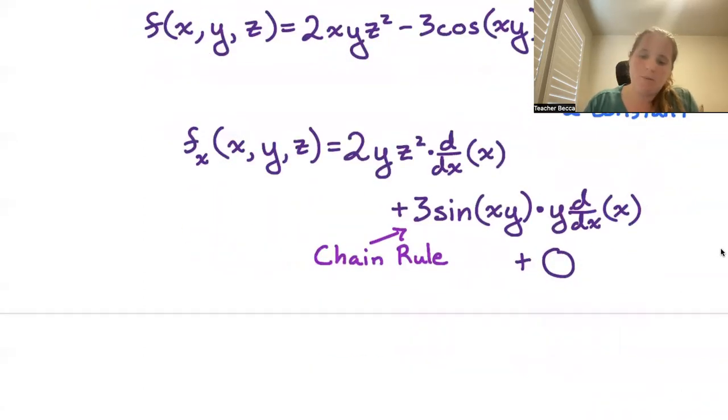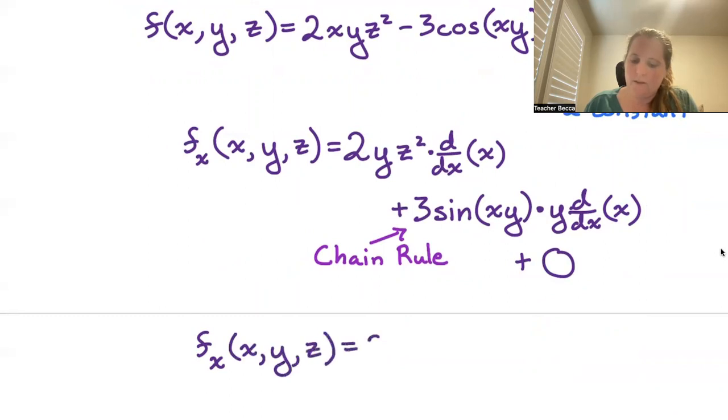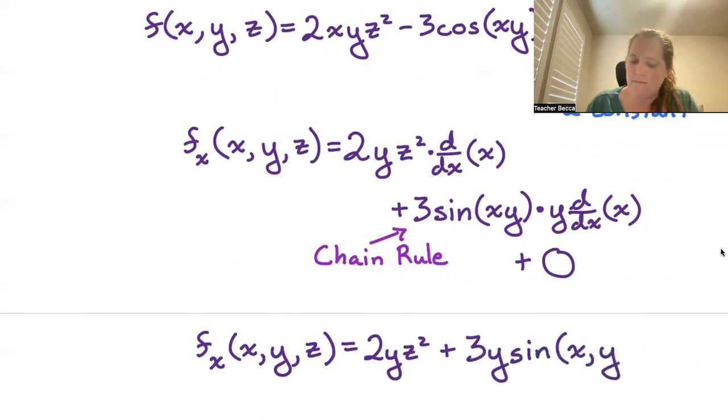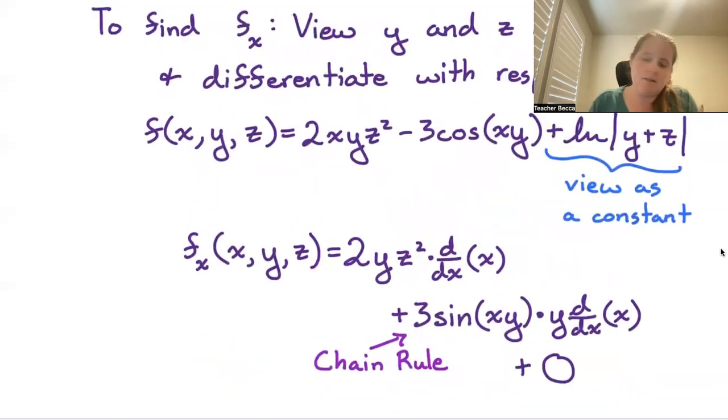So we wind up with the partial with respect to x, evaluated at x, y, z, should be 2yz squared plus 3y sine of x times y. So this is our partial with respect to x.